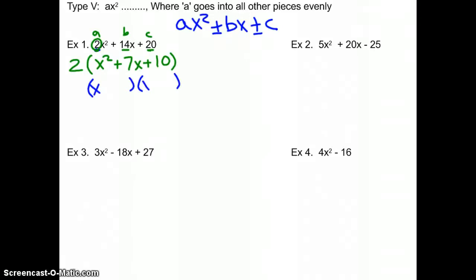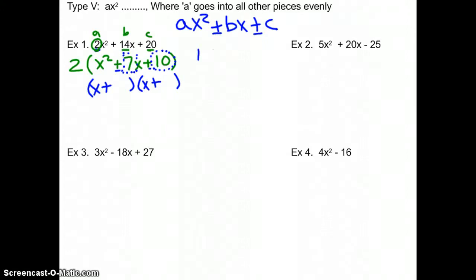I place my x values. Both my signs are positive, so I know that they are both going to be positive. I'm looking for a number that has a product of 10 and a sum of 7.